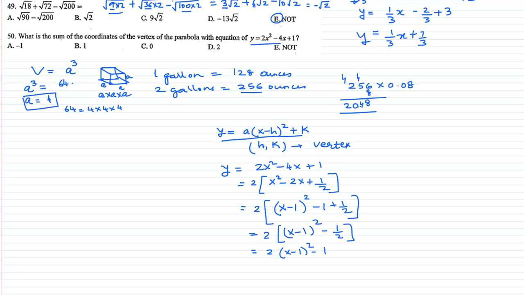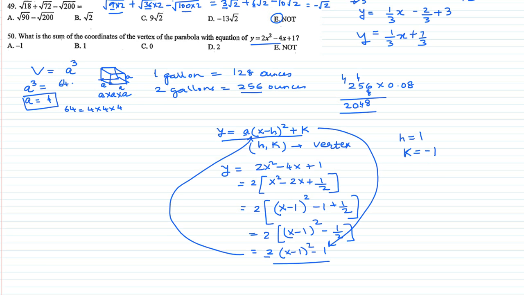So now if I compare this equation with the standard form over here, I can see that the value of a is 2, the value of h is 1, so I have h is equal to 1, and the value of k is equal to minus 1.